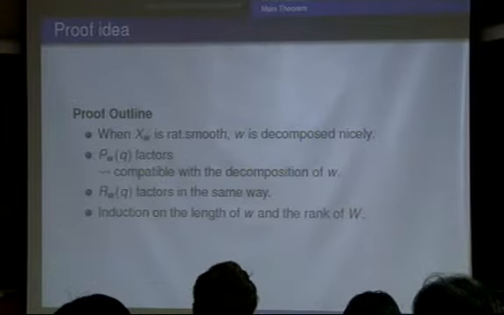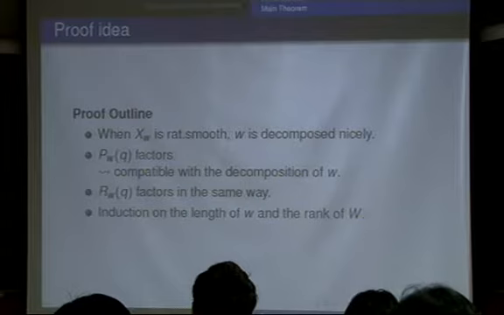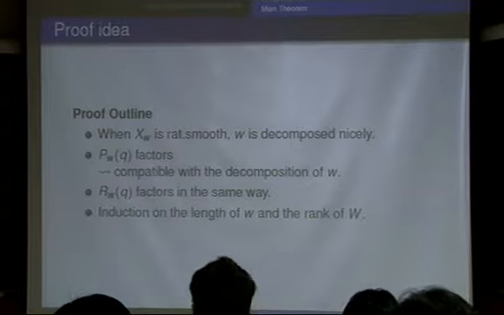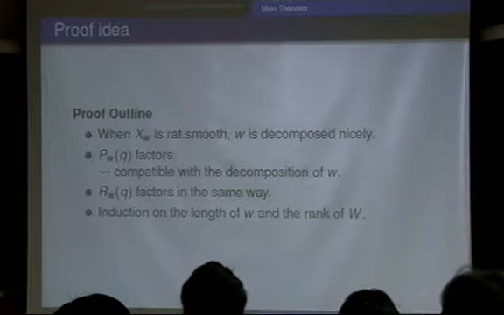Okay, here's a proof idea. The proof idea uses a well-known, not well-known, but uses the factorization of a Poincare polynomial. So for a rationally smooth Schubert variety, we have a nice decomposition of the Weyl group element, and the Poincare polynomial factors analogously.